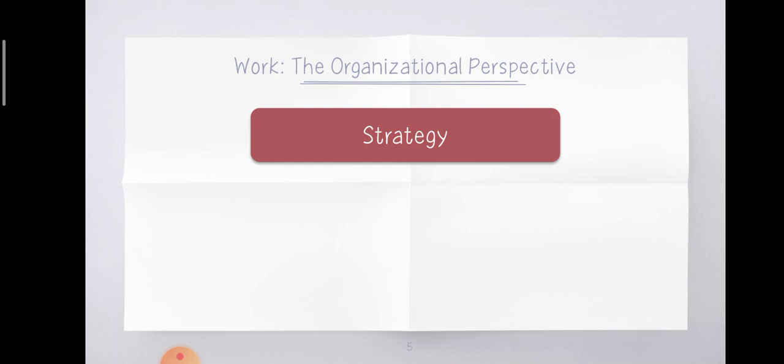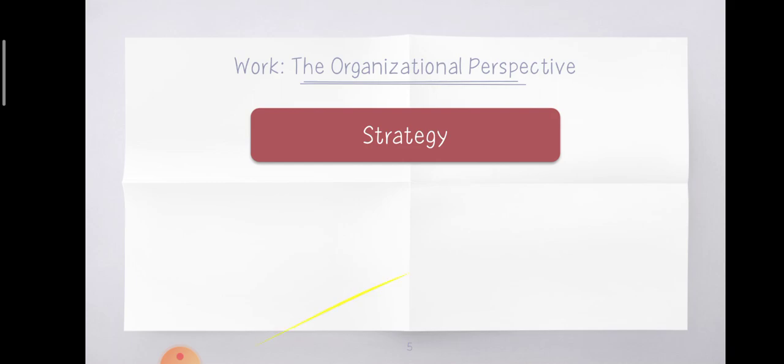Now when I say business strategy, it is an established set of long-term goals based on, first, an analysis of the environmental opportunities and threats, and second, a realistic appraisal of how the business can deploy its assets to compete most effectively.